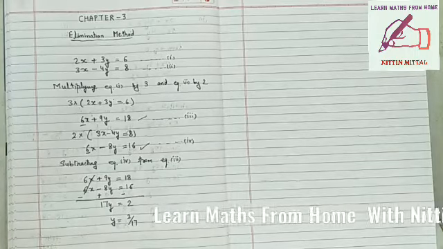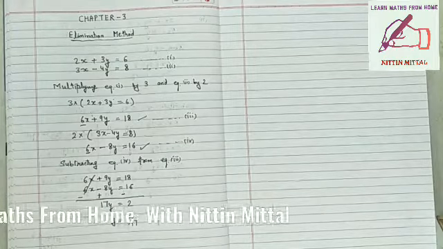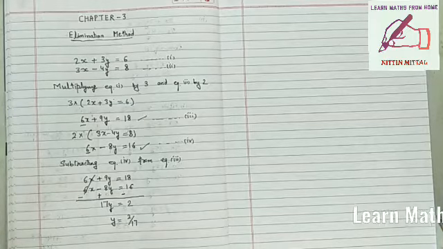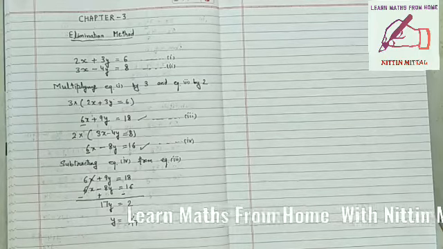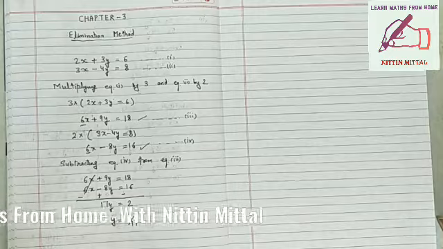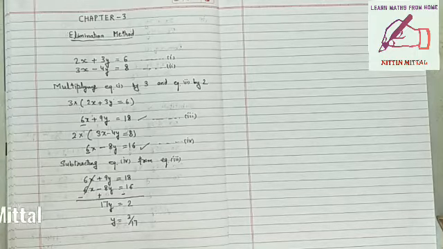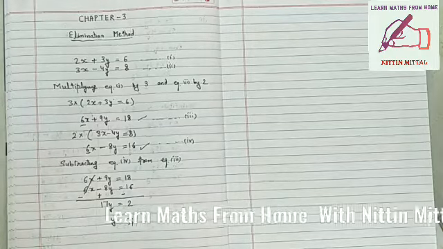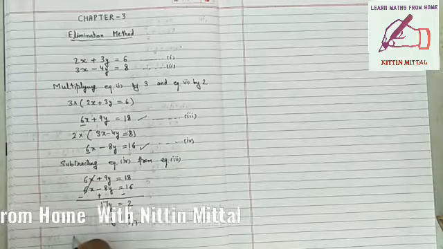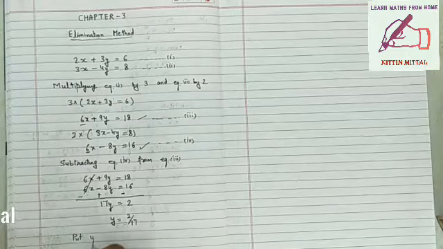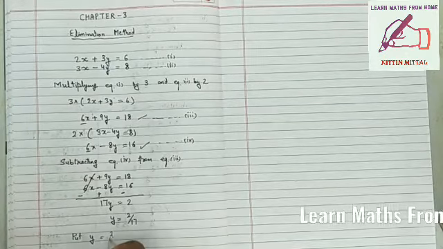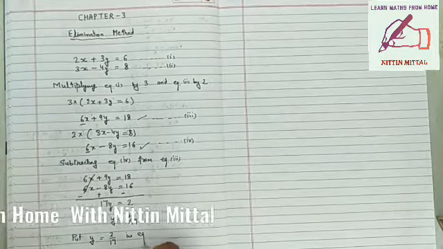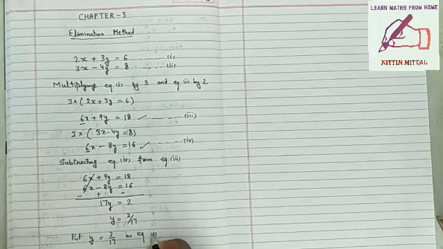We got the solution for y, and with its help we can find the solution for x by putting this value of y in either equation 1 or equation 2, right? So let us get the x value. Put y equal to 2 over 17 in equation 1.